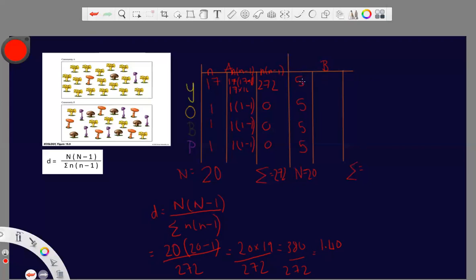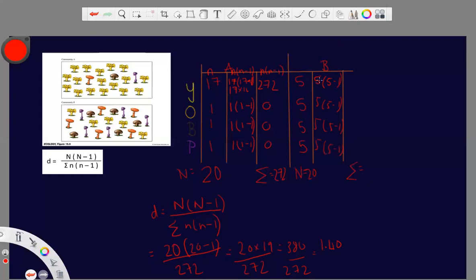For community B, we've counted up that we've got 5 yellow, 5 orange, 5 brown, 5 purple, and we'll do the same thing. For each one of them, 5 bracket 5 minus 1, 5 bracket 5 minus 1, and so on.